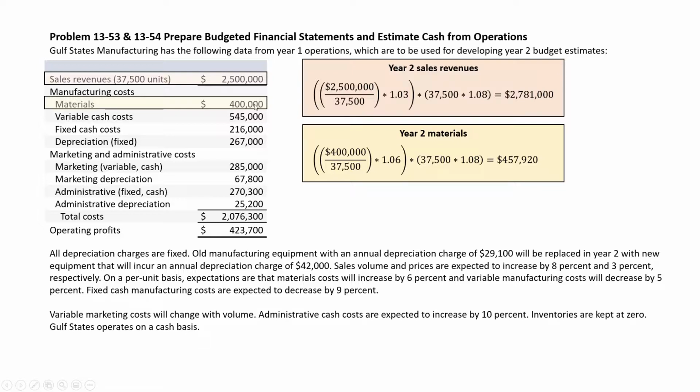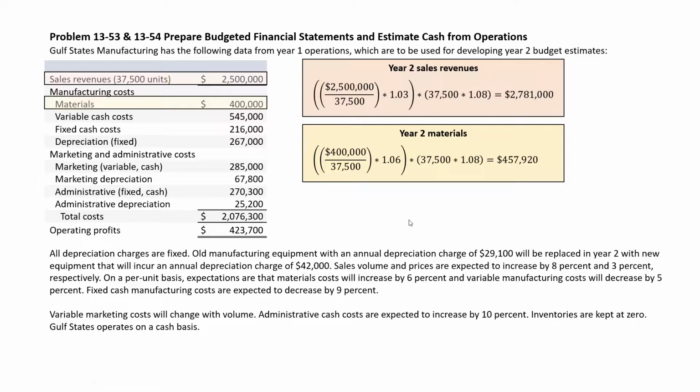Again, they never told me the cost per unit for material, but 400,000 in total divided by the fact that I sold 37,500 gives me the cost per unit. I need to increase that by 6%. That's why I'm multiplying it times 1.06 times the sales volume. Again, 37,500 times that 8% increase means material cost is expected to be $457,920 in year two. A lot of calculations, correct?